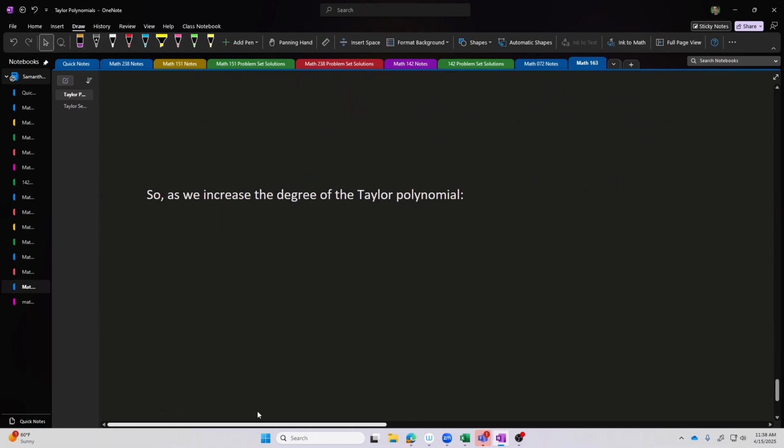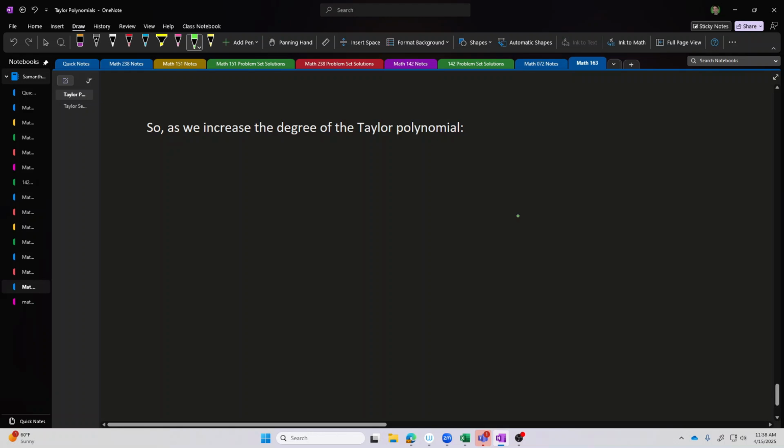So to summarize what we've seen from the graph, as we increase the degree of the Taylor polynomial, two things happen. One, calculating the Taylor polynomial becomes a little bit more labor intensive.